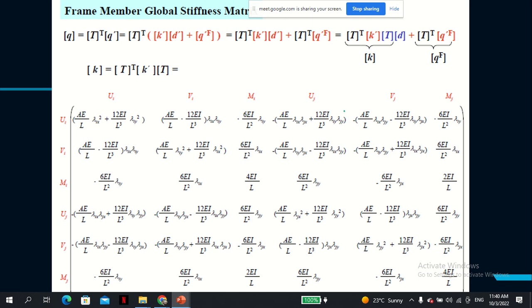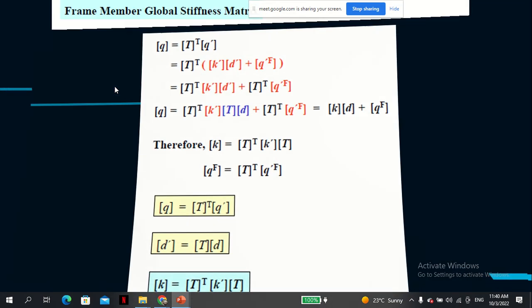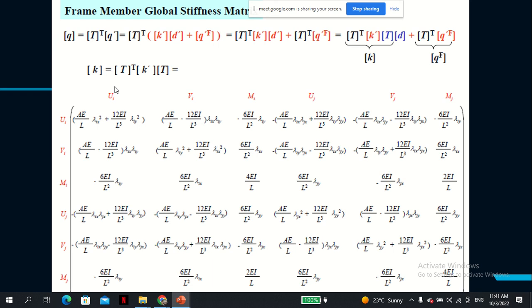It says 6 by 6. Anyway, so the global stiffness matrix can depend on any number of, no, okay, sorry, this is still 6 by 6.